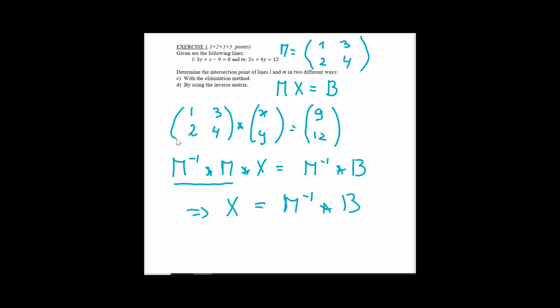So how did we calculate the inverse matrix? Then we first needed to do the determinant. So the inverse matrix was 1 divided by the determinant times the matrix where the 1 and the 4 switch places, the 2 and the 3 stayed, but the values, the positive became negative and the negative became positive. So this would be the result.